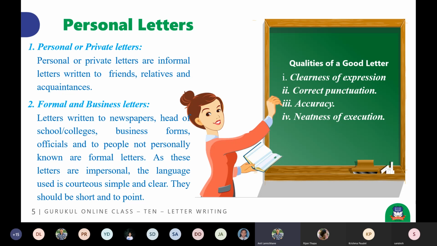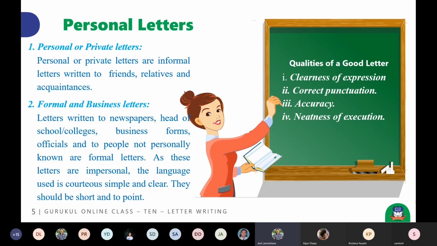Yes. So personal letters. There are some qualities the letter must contain. So qualities of a good letter. Some are listed, like clearness of expression. What one wants to express must be clear. Correct punctuation is to be used there.